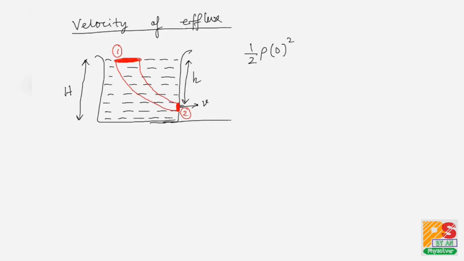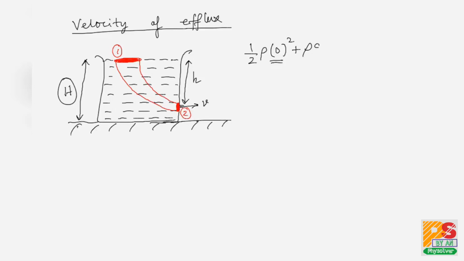Because we are assuming that the area of cross section of the hole is very small, so the free surface of the liquid has very negligible downward velocity. This is an approximation. Half rho 0 square plus potential energy. Potential energy: this is the fixed horizontal ground, so the height is nothing but capital H.